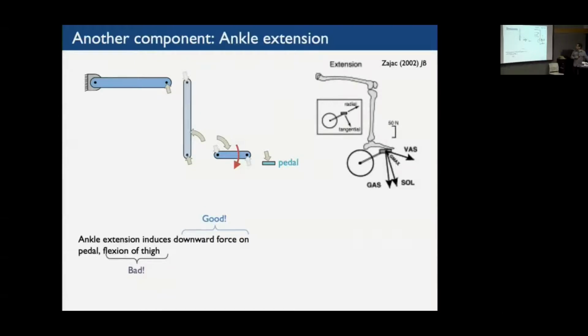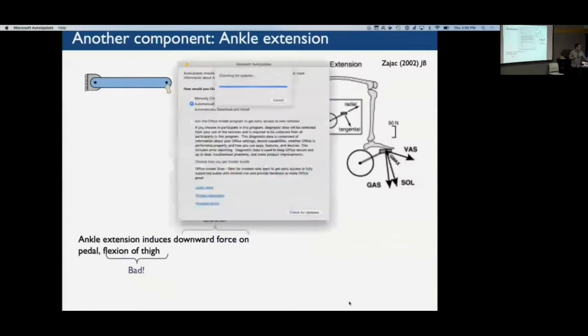And of course, I think everyone knows the answer. To pedal, you want to extend your hip. In this configuration, you want to apply extensor torque about the knee, plantar flexor torque about the ankle. The sum of all of those effects together gives you the downward force on the pedal. You sort of know that without doing a whole lot of analysis.